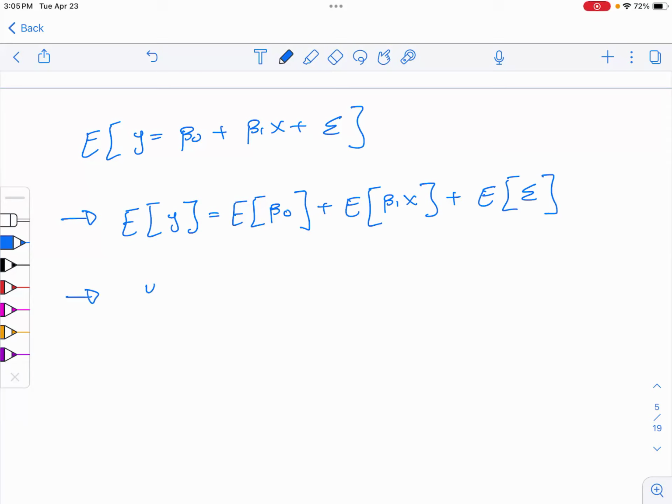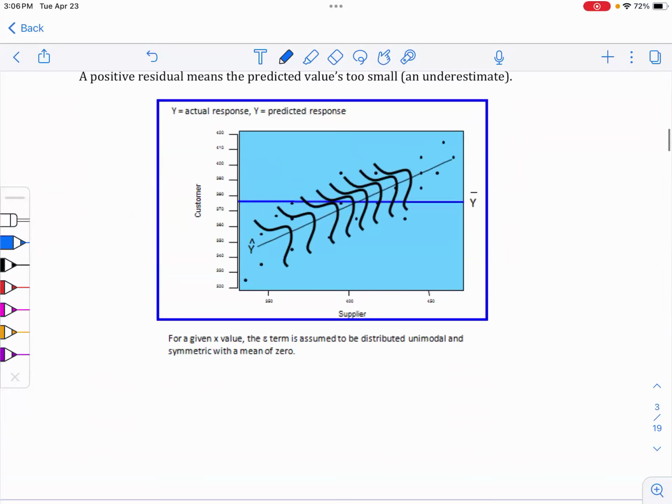So I can actually rewrite this first term as y bar. The average of a constant is just a constant. And then, as we saw above here, the errors are normally distributed, unimodal and symmetric, and have a mean of 0.